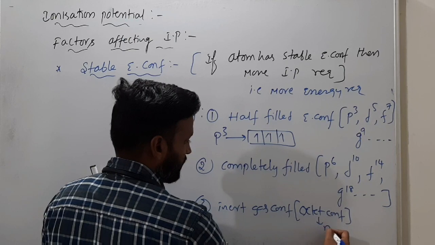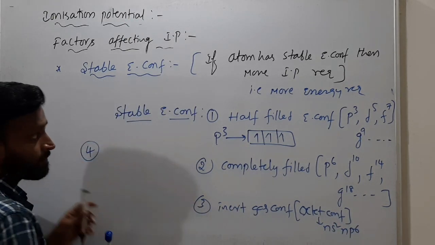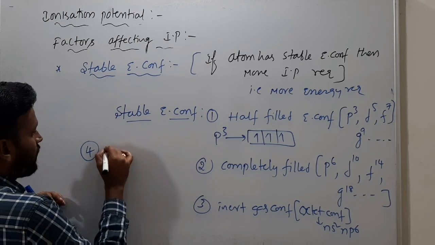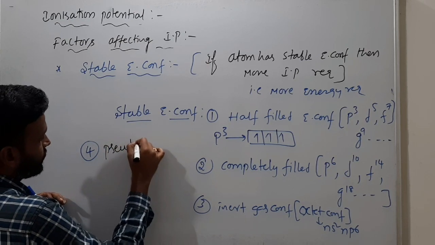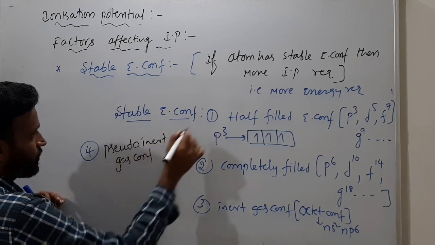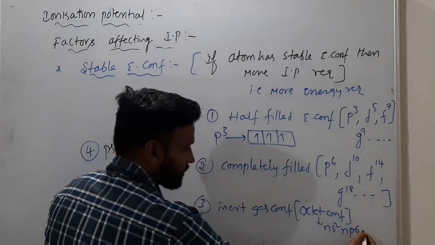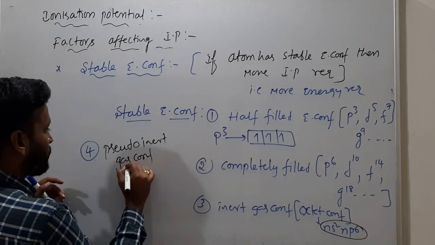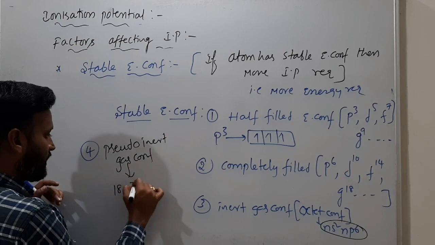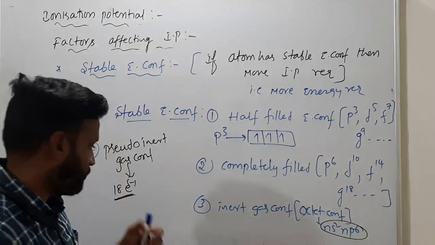Octet configuration means ns2 np6. And the fourth one is pseudo inert gas configuration. These you know already. Half filled means what? Completely filled. Inert gas configuration means what? ns2 np6. Pseudo inert gas configuration means 18 electrons in the outermost shell.